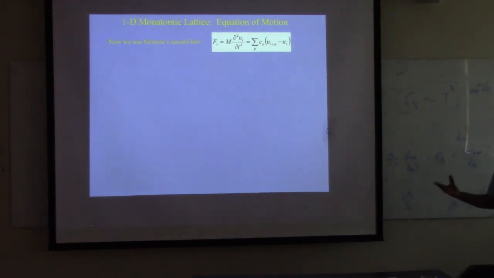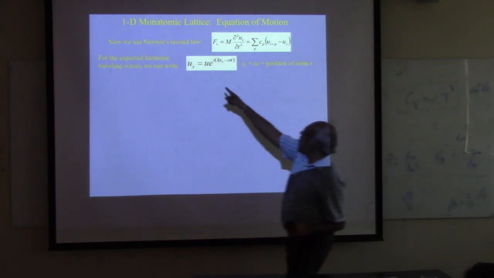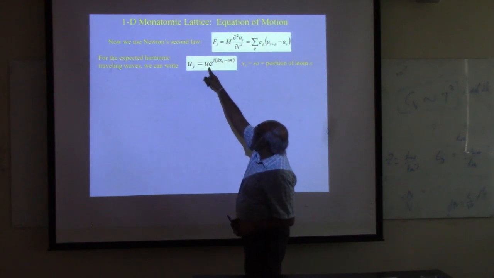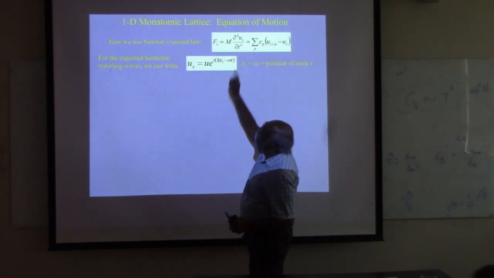We have to assume a solution for u S, right? Typically we use a harmonic solution. u S has some exponential, e to the i k. For the S atom the solution is some amplitude times e to the i (k x S minus omega t).